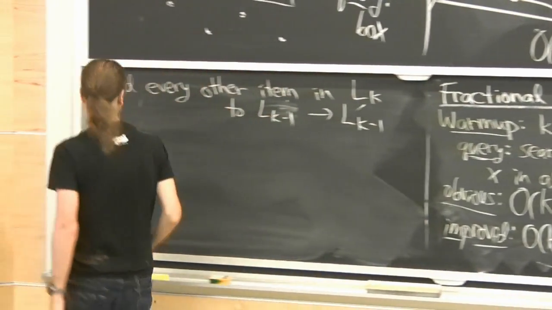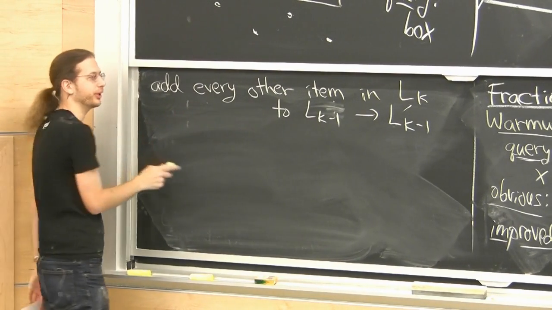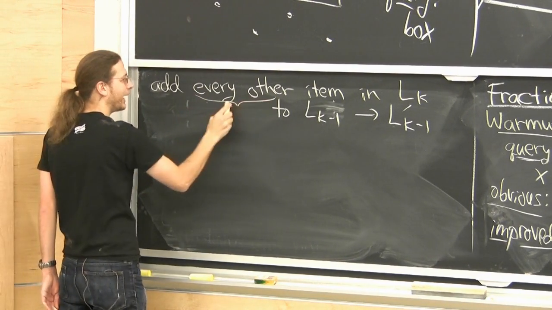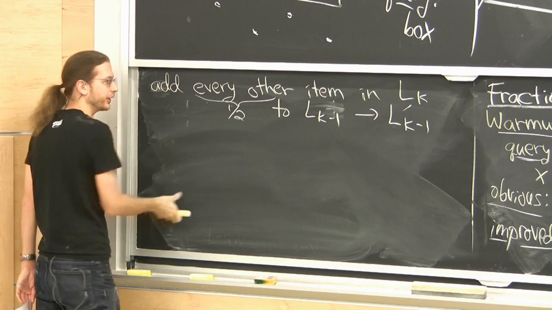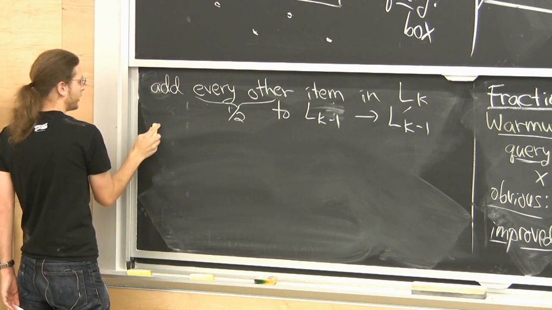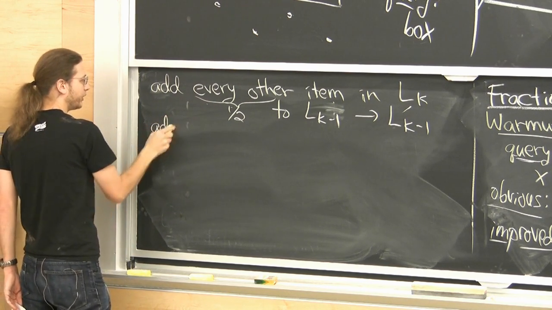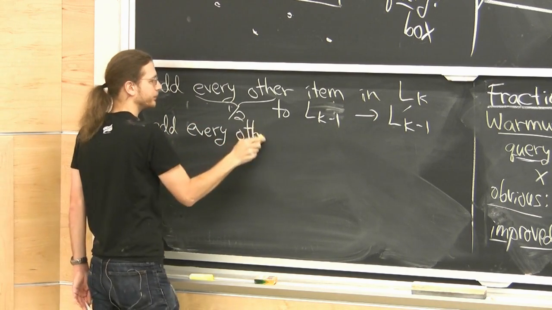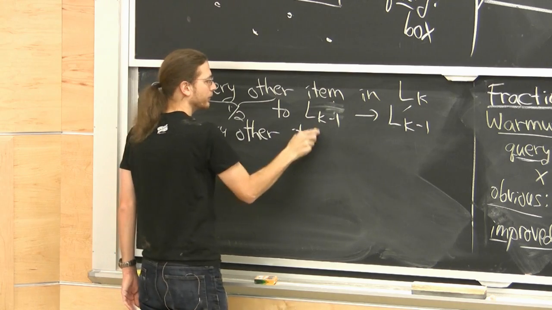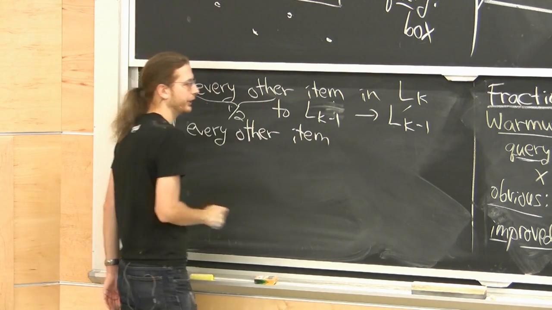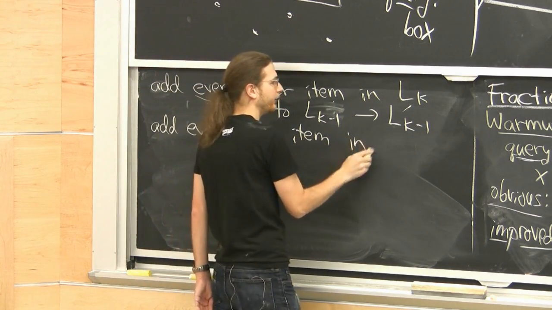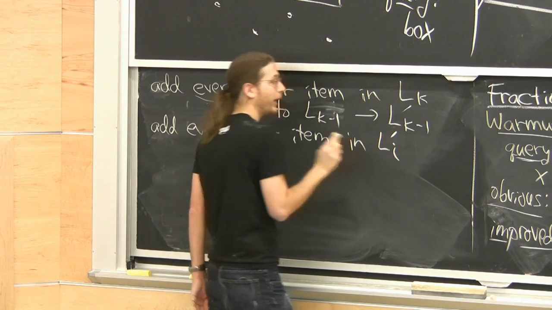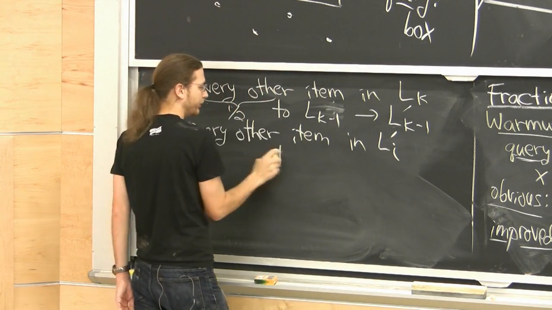And then repeat. This is the fractional part. Here, the fraction is 1/2. You can make it whatever fraction you like, less than 1. In general, I'm going to add every other item, in sorted order, in Li prime. The prime is the important part here.